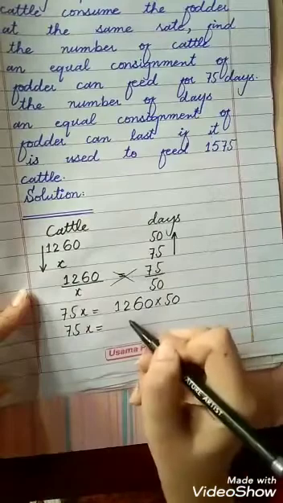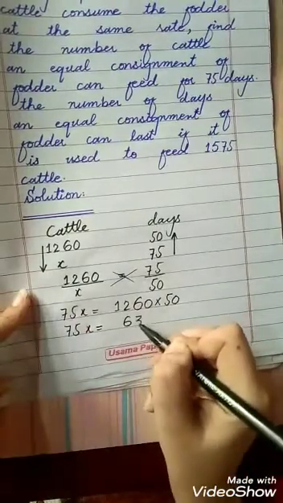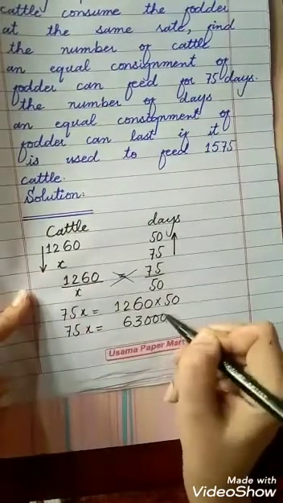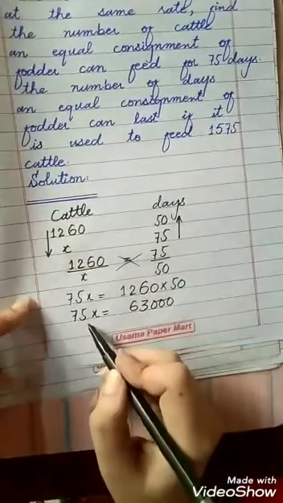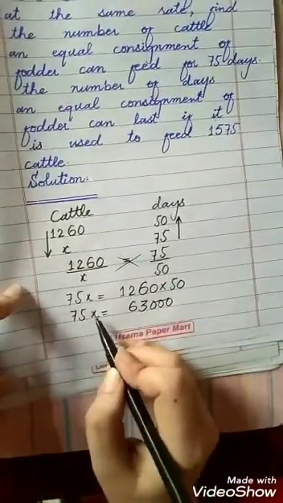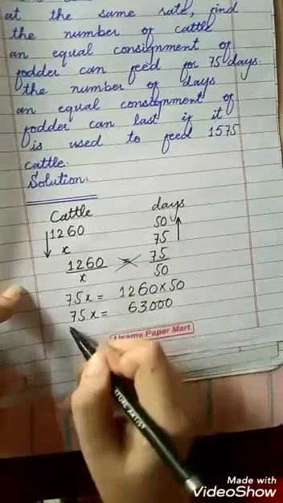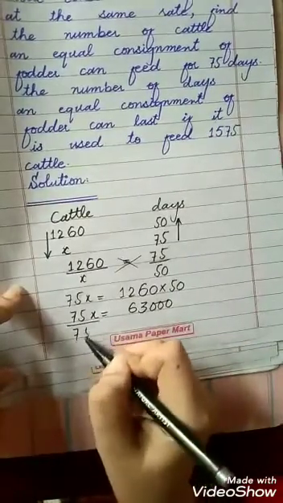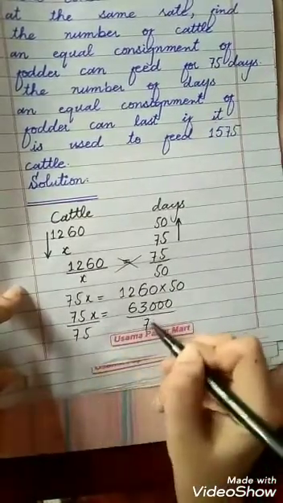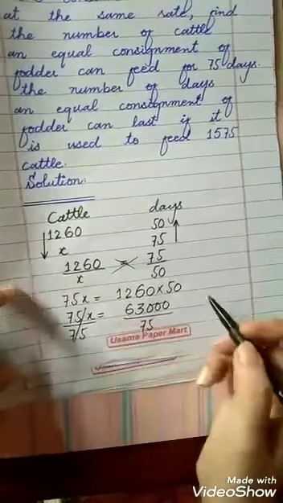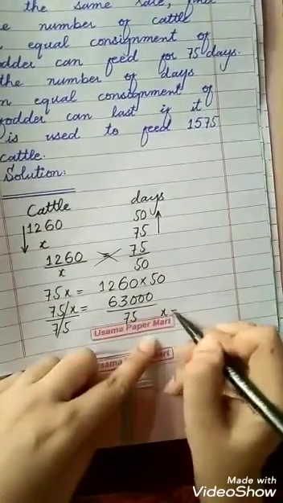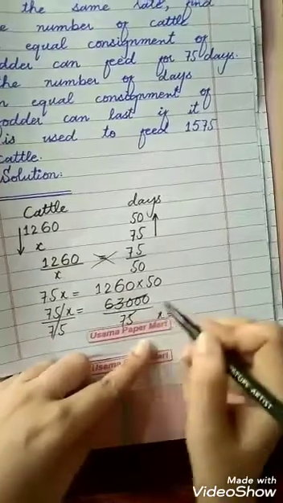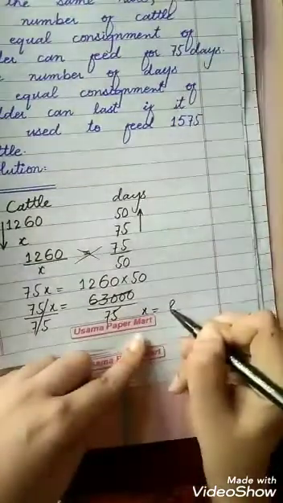We got 63,000. What we need basically is x. So what to do? We will divide by 75 on both sides. So it is cancelled, and after dividing, x will be 840.